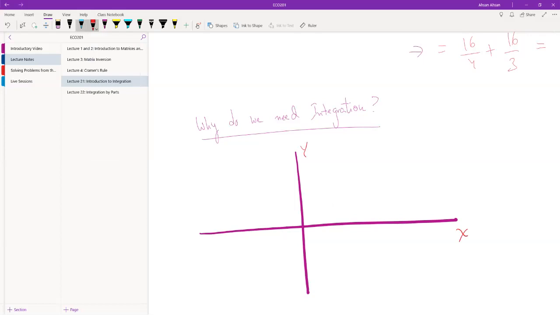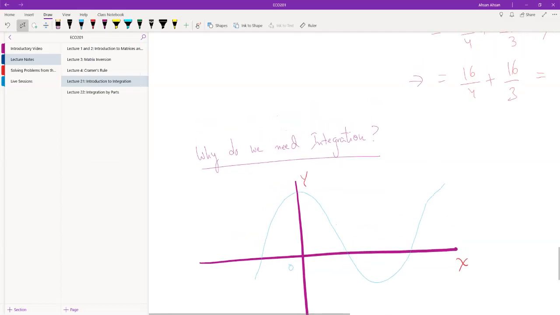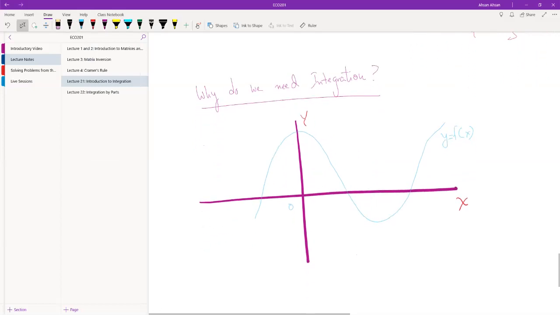And suppose we have a function that looks something like this, okay? It can look like anything. This is just a function that I have decided to draw. And of course, this is y is equal to f(x). What integration allows us to do is calculate the area underneath this curve, okay?